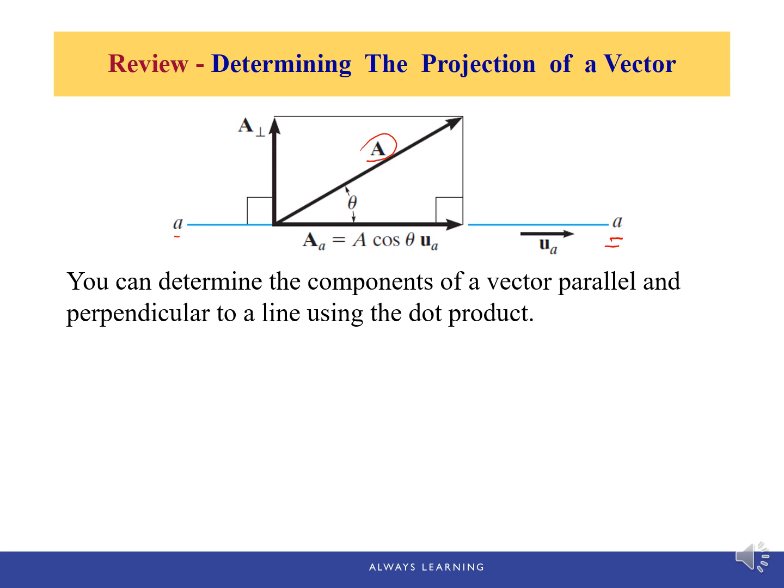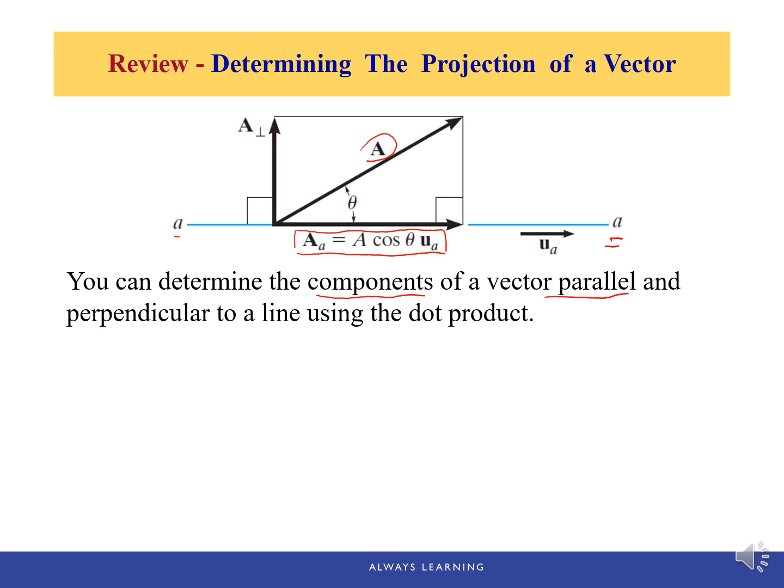It is especially important to know how to find the projection of the vector on this aa direction, or the component of the vector that is parallel to this given line.